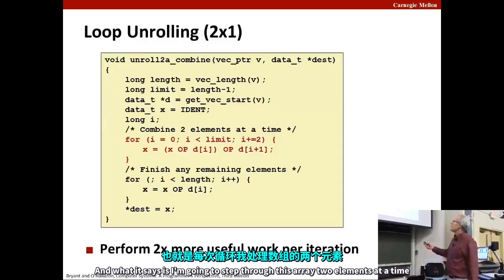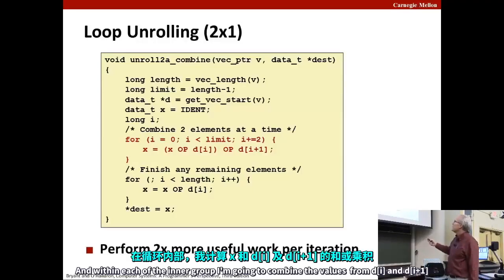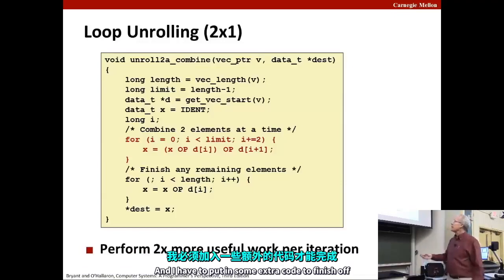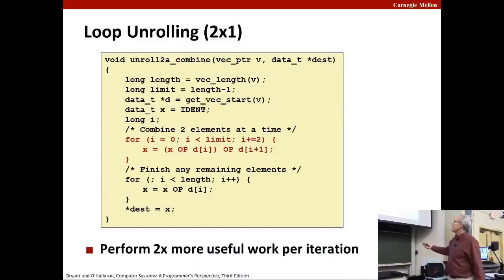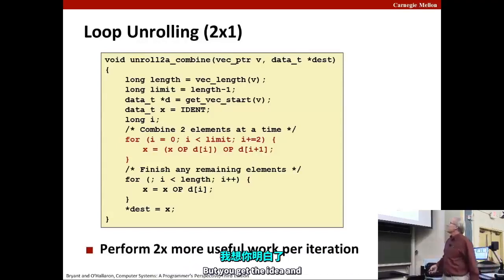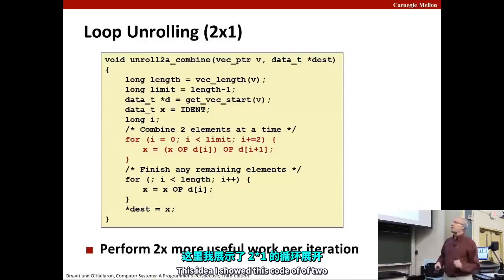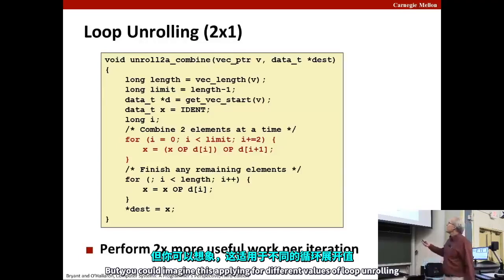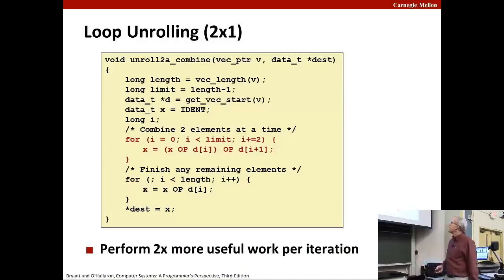I'm going to step through this array 2 elements at a time, and within each iteration of the inner loop, I combine the values from di and di plus 1. I have to put in some extra code to finish off if the original array was of odd length, but you get the idea. I show this for 2, but you could imagine it applying for different unrolling factors. So will this help us any?